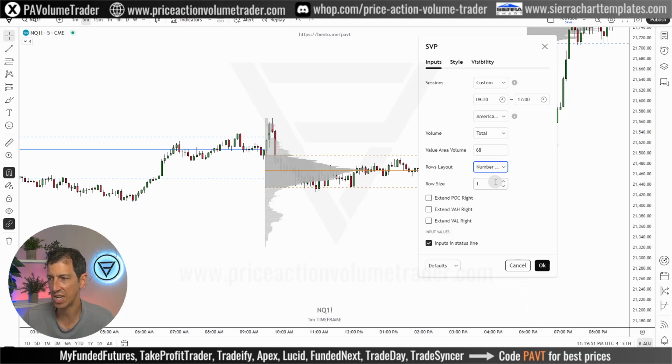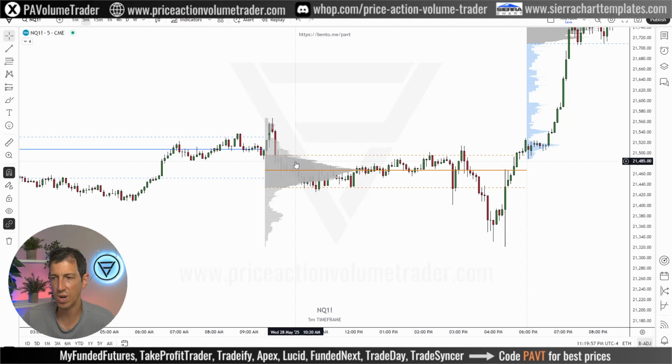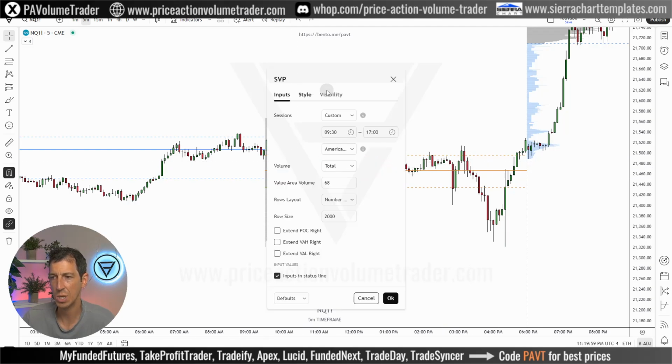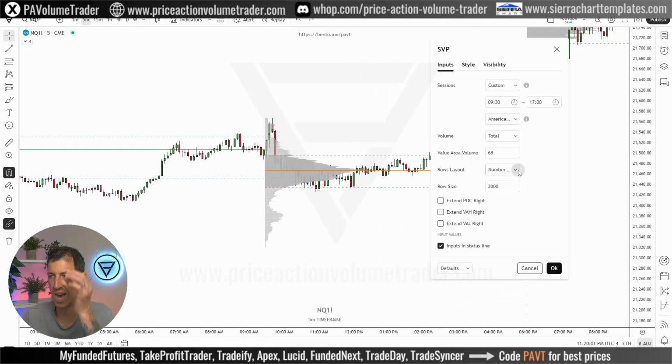But as you can see, if I switch between 2000 rows and 1 tick per row, it's pretty much almost the same. I just basically want to put a very high number so that it gives me the biggest definition of every price level that's transacted on the price scale, okay?